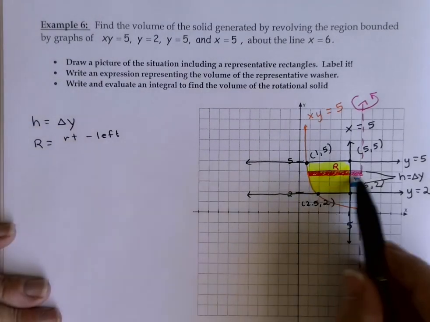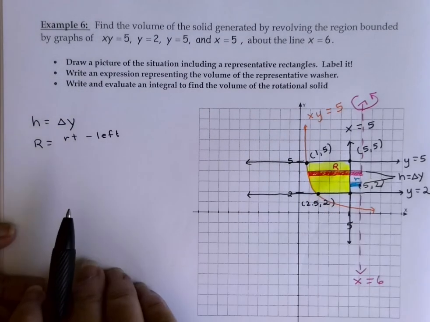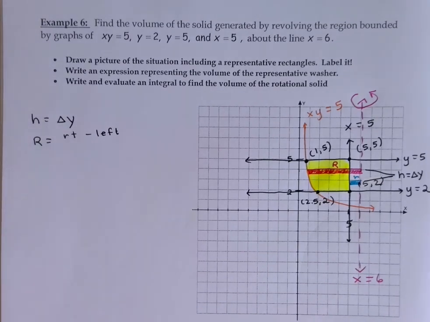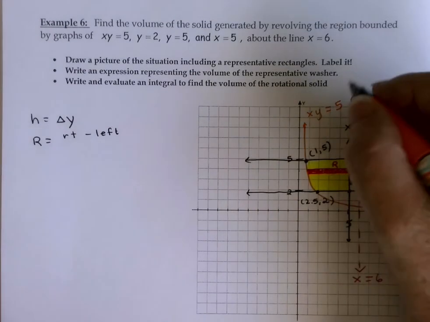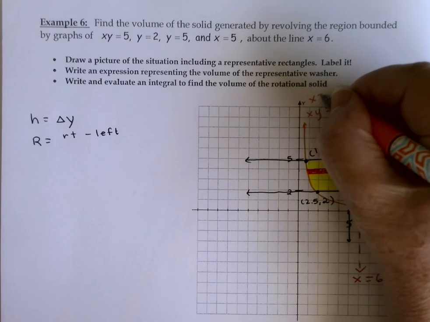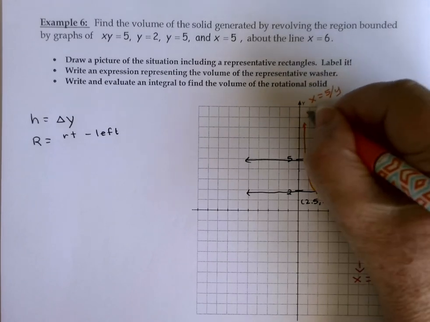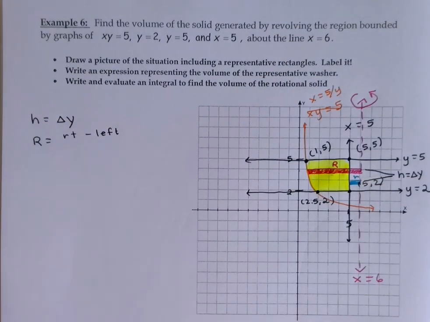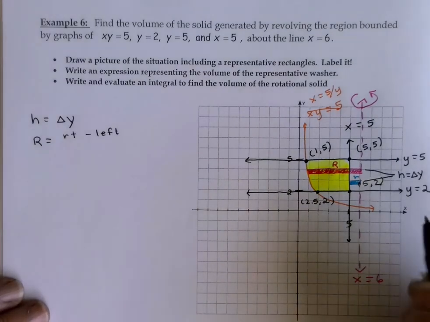For capital R, I'm going to have to go right minus left. Since we're going horizontal, I need the x equals form, so I'm going to take this and solve it for x. x would be 5 divided by y. So, right minus left.